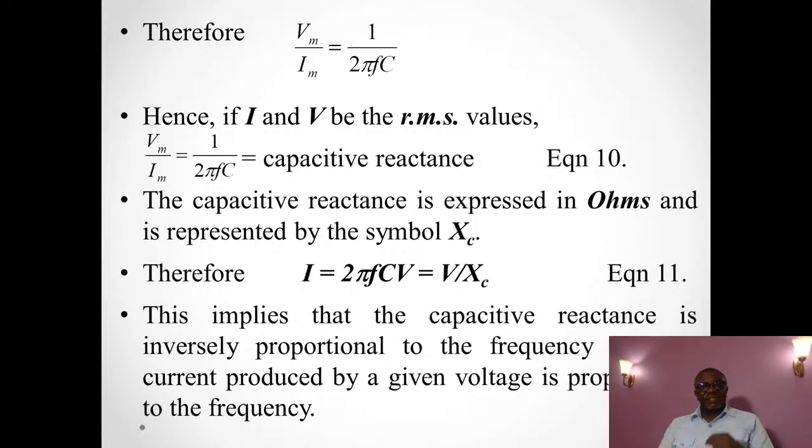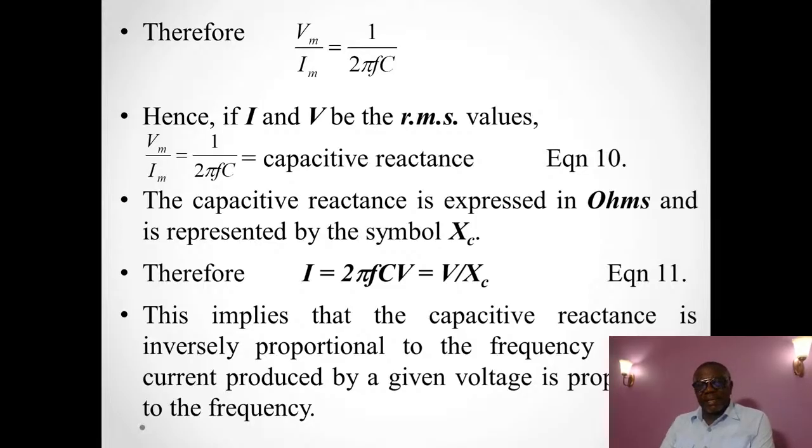Now, this capacitive reactance, which is expressed in ohms and represented by the symbol XC, capital letter X, subscript capital letter C. Therefore, I will be equal to 2 pi FC V, which is the same thing as V over XC.